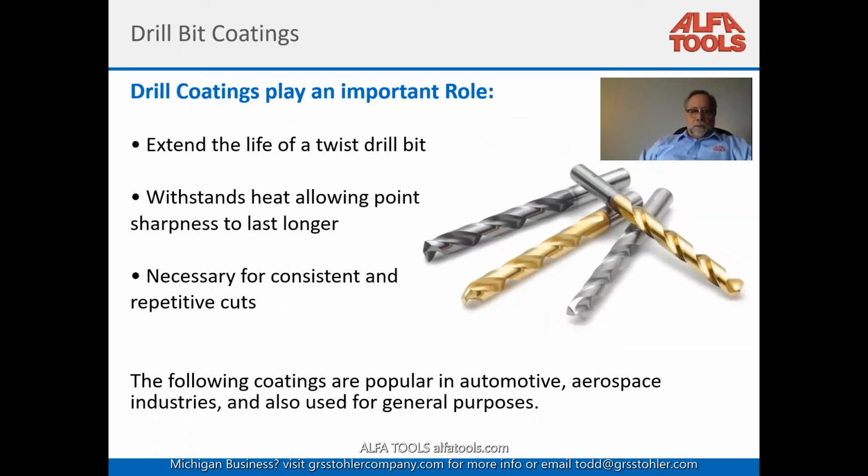Okay, coatings. Coatings will extend the life of a twist drill. What does a coating do? It withstands heat, allowing point sharpness to last longer. The killer for a drill is heat. For instance, we have a picture here of some tin coated or gold coated and a couple other drills.